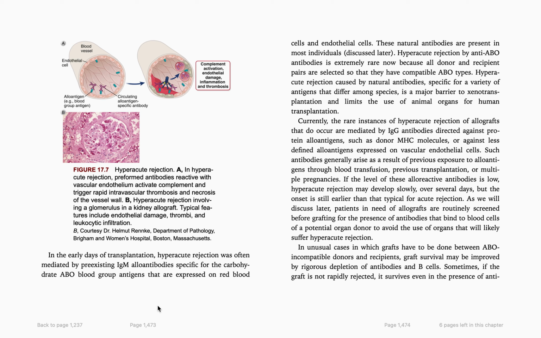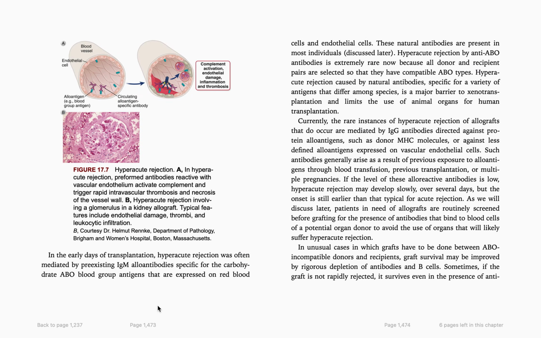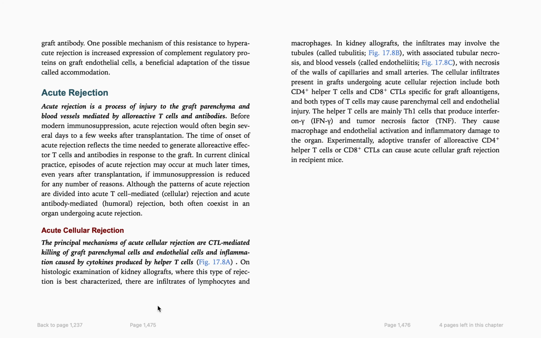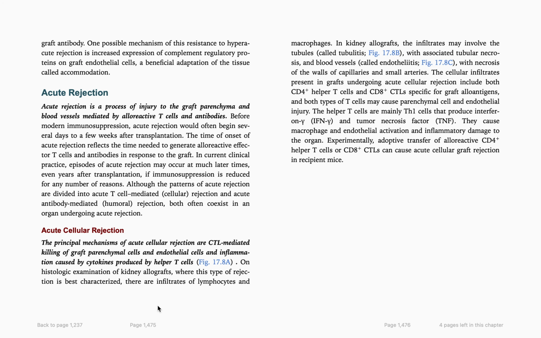Sometimes, if the graft is not rapidly rejected, it survives even in the presence of anti-graft antibodies. One possible mechanism for this resistance to hyperacute rejection is increased expression of complement regulatory proteins on graft endothelial cells, a beneficial adaptation of tissue called accommodation.